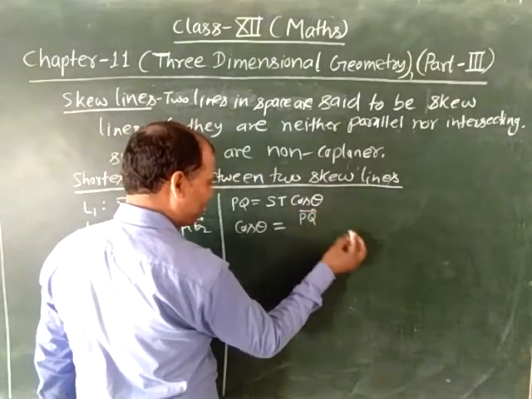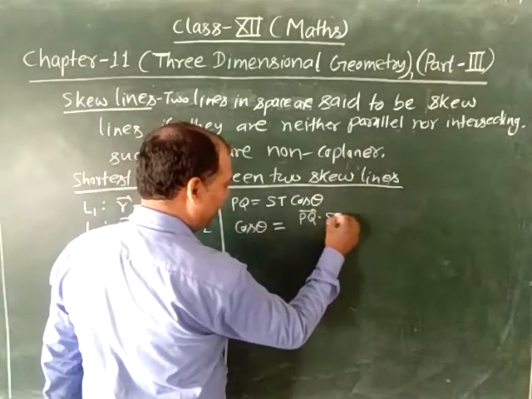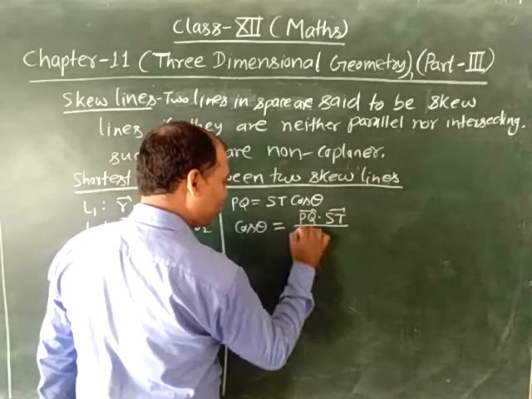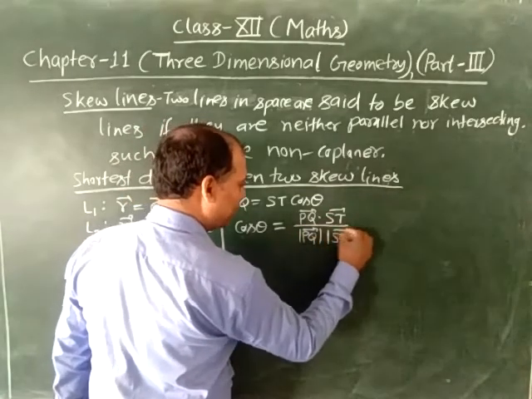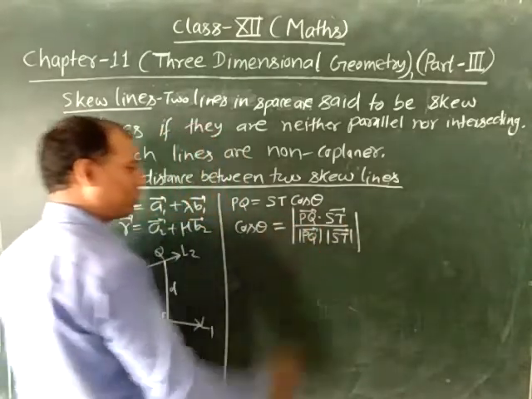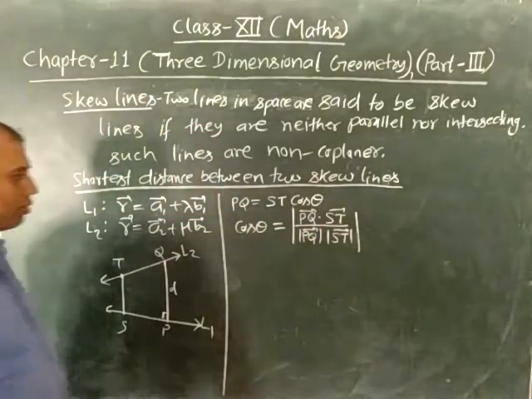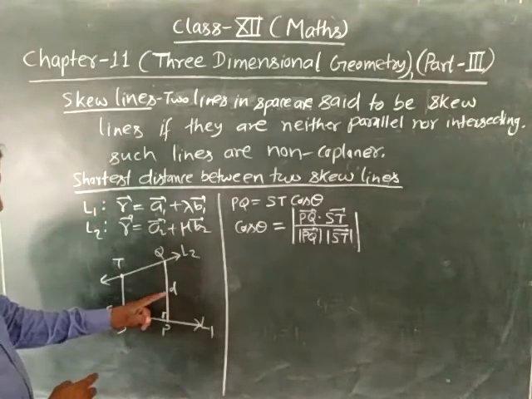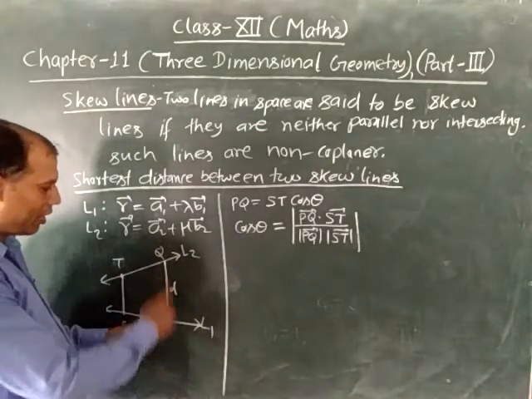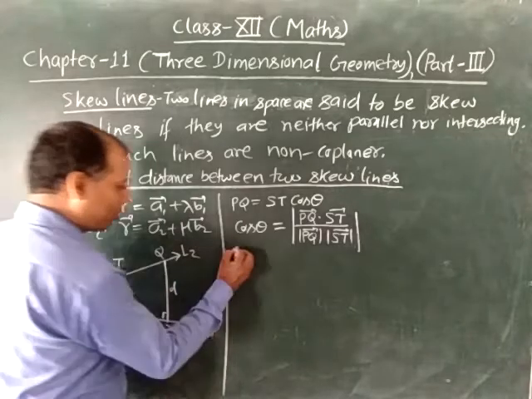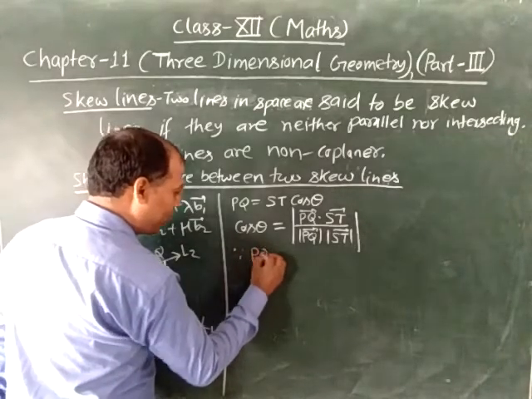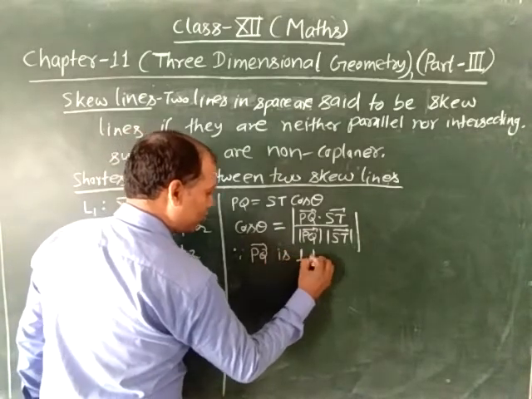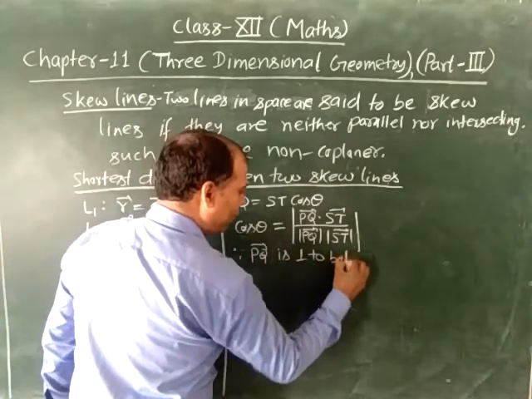vector PQ dot vector ST divided by modulus of vector PQ, modulus of vector ST, and the modulus of whole value. Here D means PQ is perpendicular to both L1 and L2, because PQ vector is perpendicular to both L1 and L2.